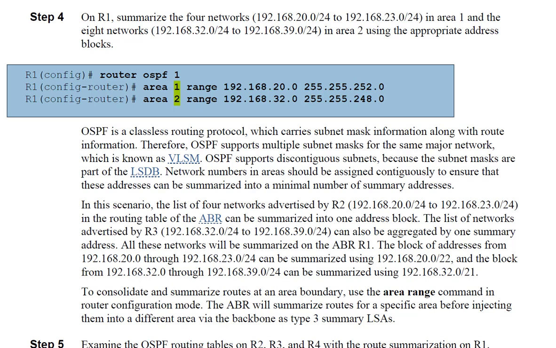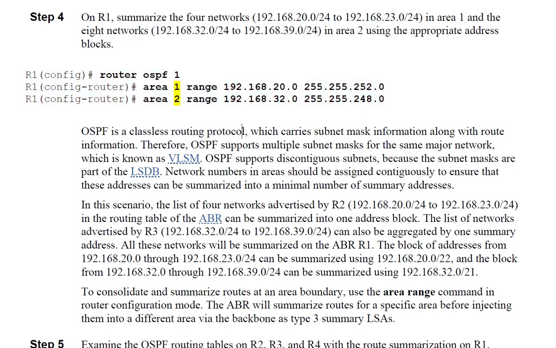Very important point here, because in EIGRP we were summarizing out of an interface. We were configuring a summary on an interface to indicate that the summary was going to go out of that interface. In the case of OSPF, this number here, the number that you see here, the 1 and the 2, that is the area that we're summarizing from, not to. That is the area that we're summarizing from.